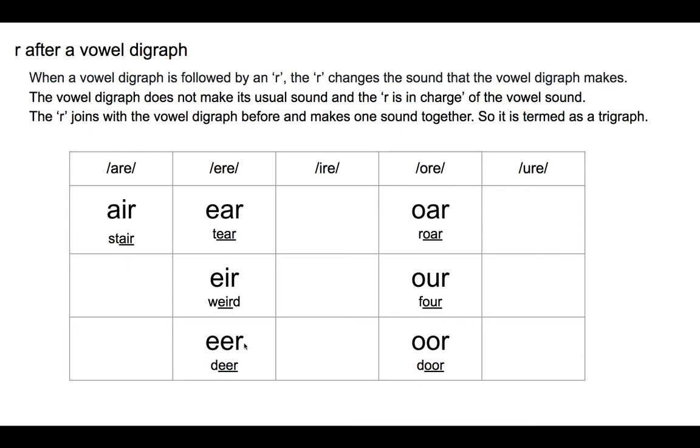E-E-R makes the sound ear, d, eer, dear. O-A-R makes the sound or, r, oar, roar. O-U-R makes the sound or, f, our, four. O-O-R makes the sound or, d, oor, door.